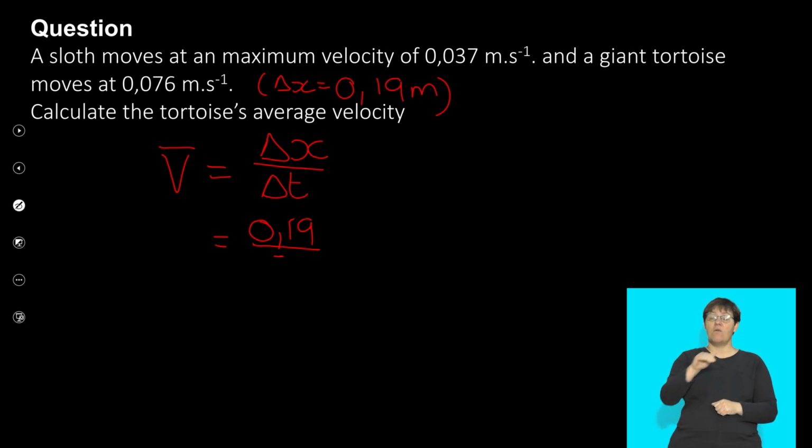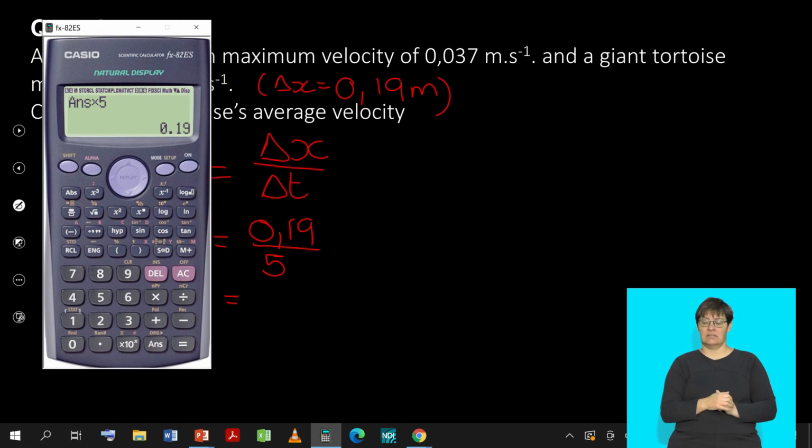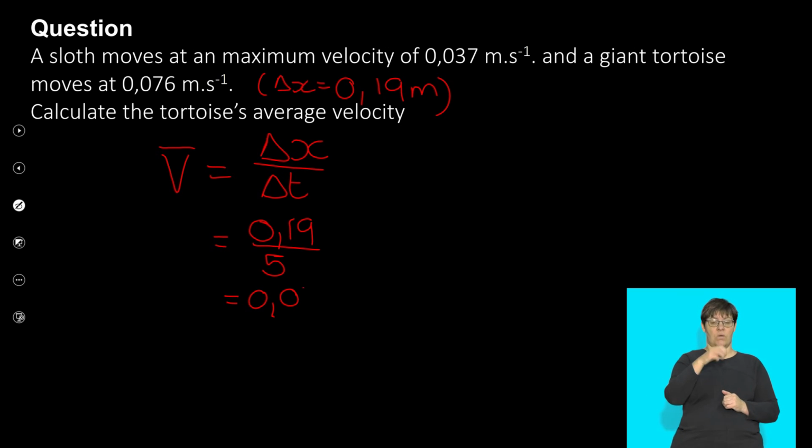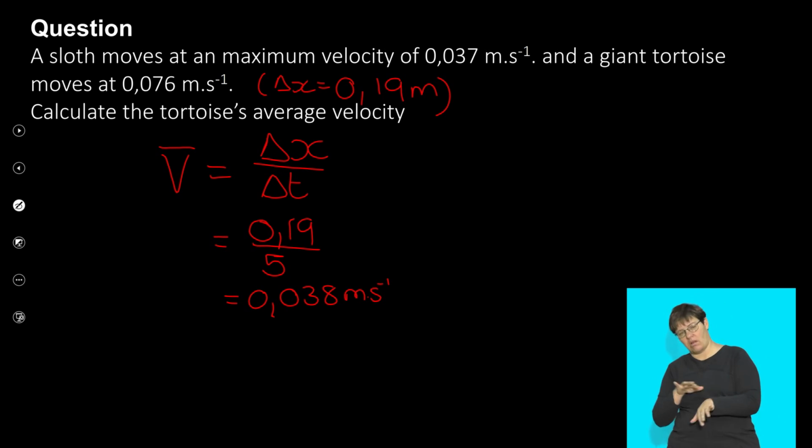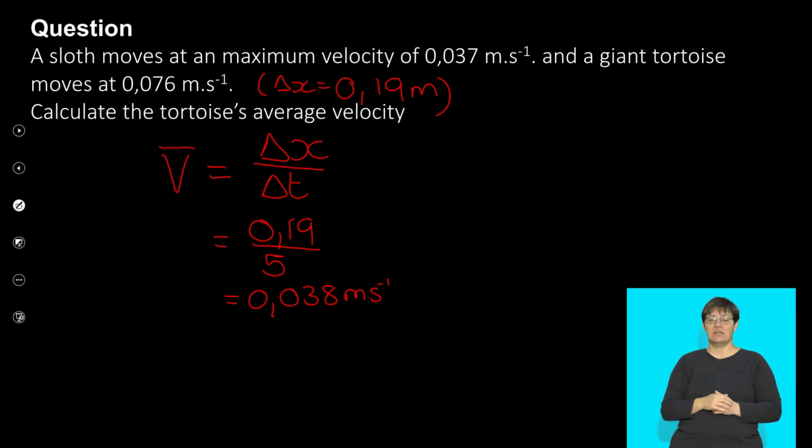The tortoise did that in 5 seconds. So we take out our trusty calculators, who we like very much. Oopsie, 0.19 divided by 5 gives me 0.038. So that was his average velocity. At some stages he worked faster than that, in other stages he walked slower than that, but that doesn't matter, that's his average. And of course it's still a vector, so we need to have direction.